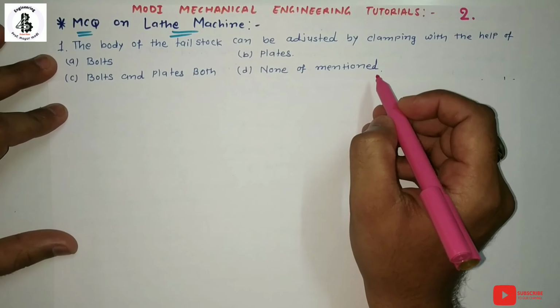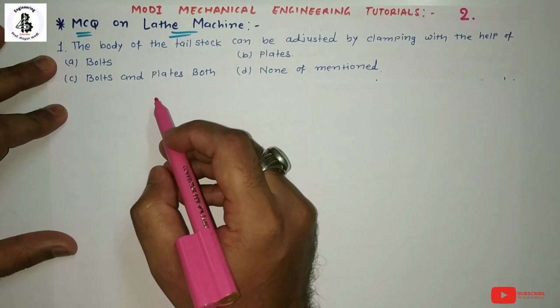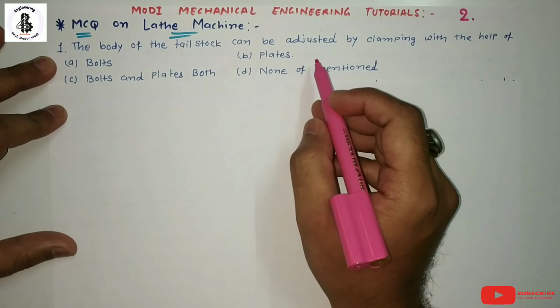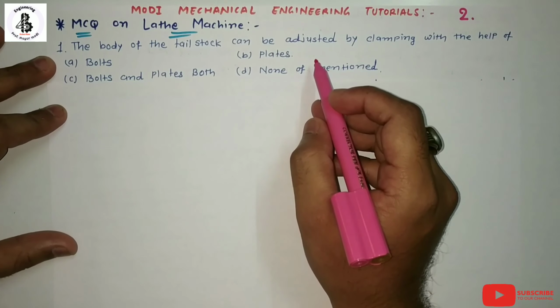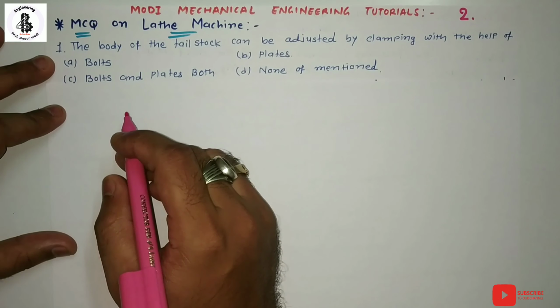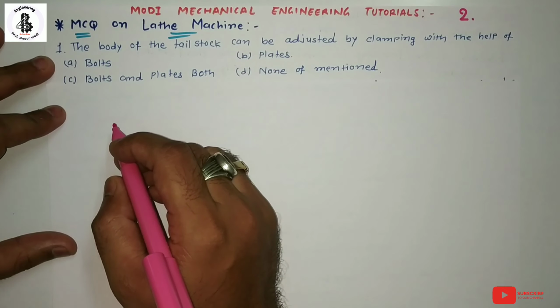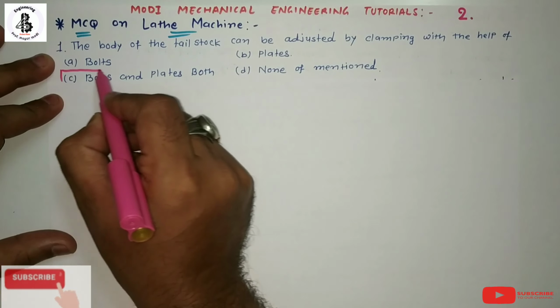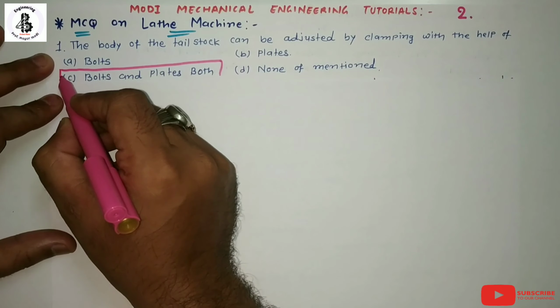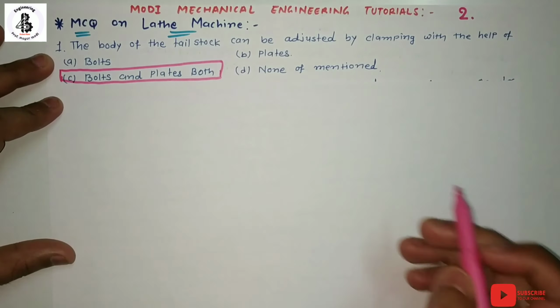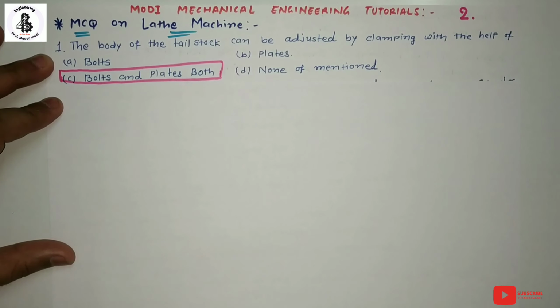So basically the body of the tailstock is clamped onto the bed with the help of bolts and plates both, to fix the tailstock onto the bed of the lathe machine. So option C, bolts and plates, is used to clamp the tailstock. Then next question.